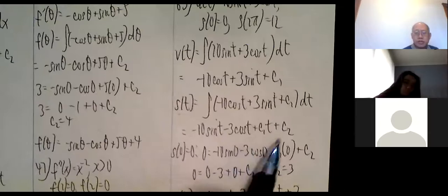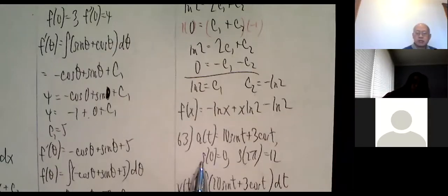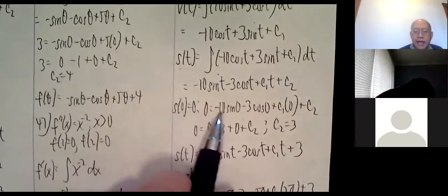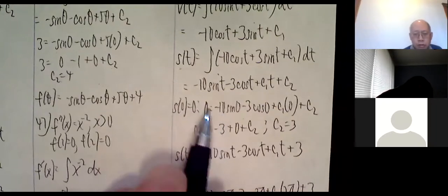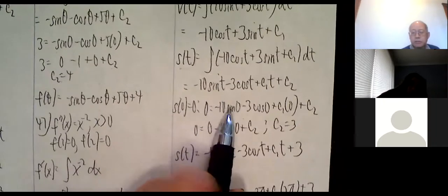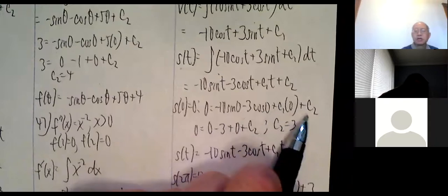Okay, how do I find c1 and c2? I plug in. S of 0 is 0, S of 2 pi is 12. Let's plug in 0. Hopefully that's nice. This doesn't look as nice, but be that as it may. So S of 0 equals 0 means when I plug in 0, the answer is 0. So 0 equals negative 10 sine 0, minus 3 cosine 0, plus c1 times 0, plus c2.